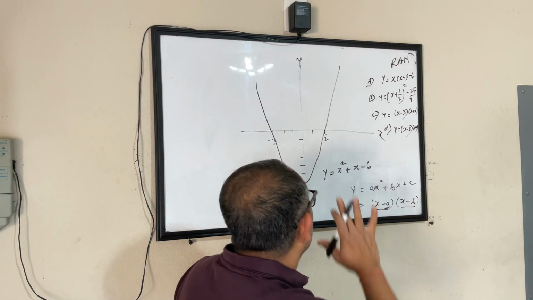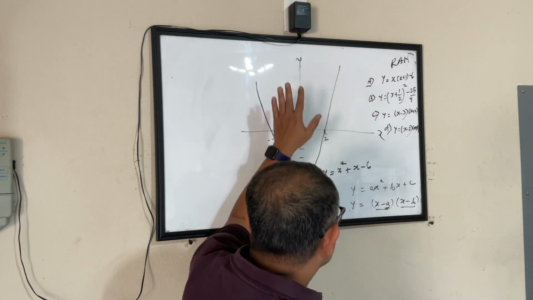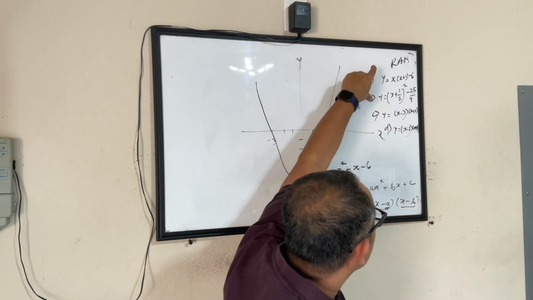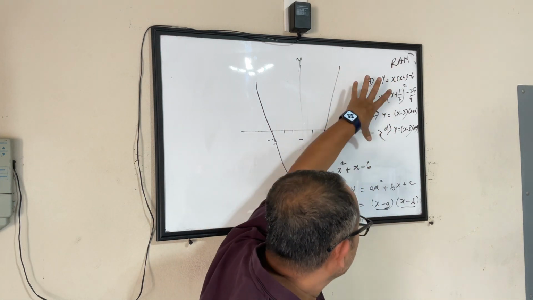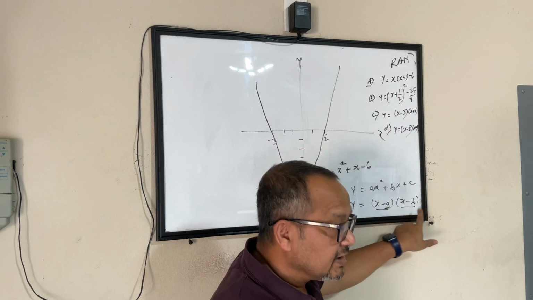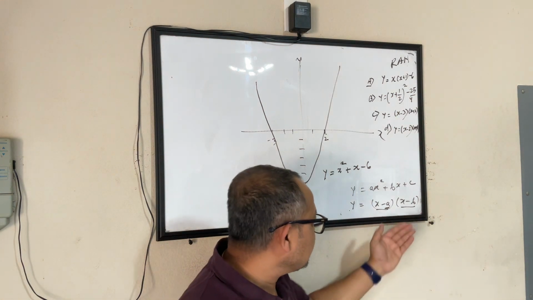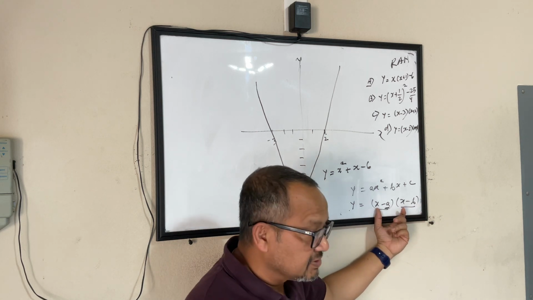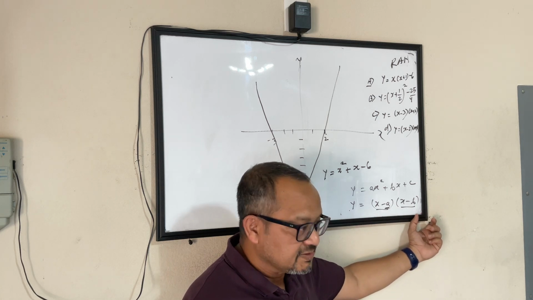So this is the graph given to you, and this is the equation for this also given to you, saying that find out one of the equations that is equivalent to this equation, which is represented in the intercept form. X-intercept as depicted as constant. So it has to be in this form, something into something, where x minus a into x minus b.